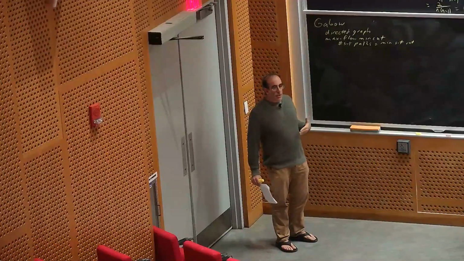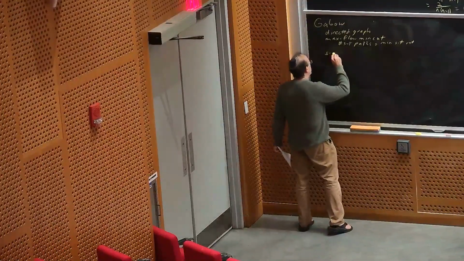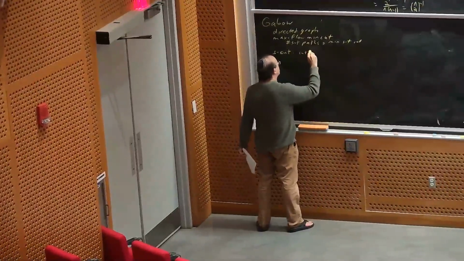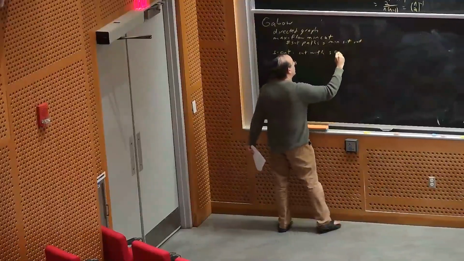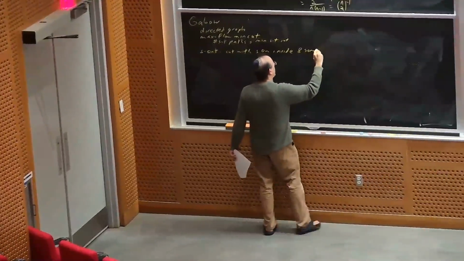Now I'm going to ask whether we can make a similar one-way argument using a different structure, because now we're not interested in ST cuts. We're just interested in S cuts, right? We have a directed graph, and we want a cut with S on the inside and something on the outside.